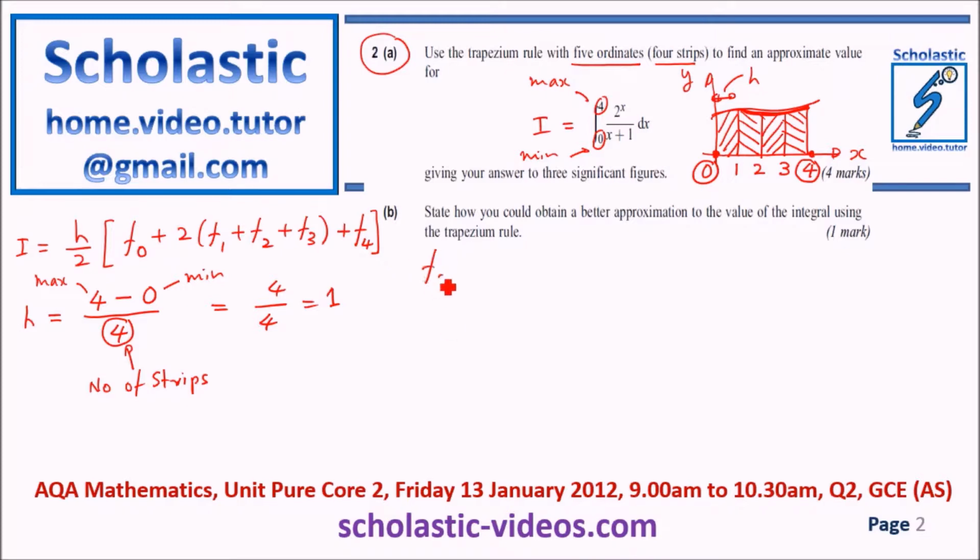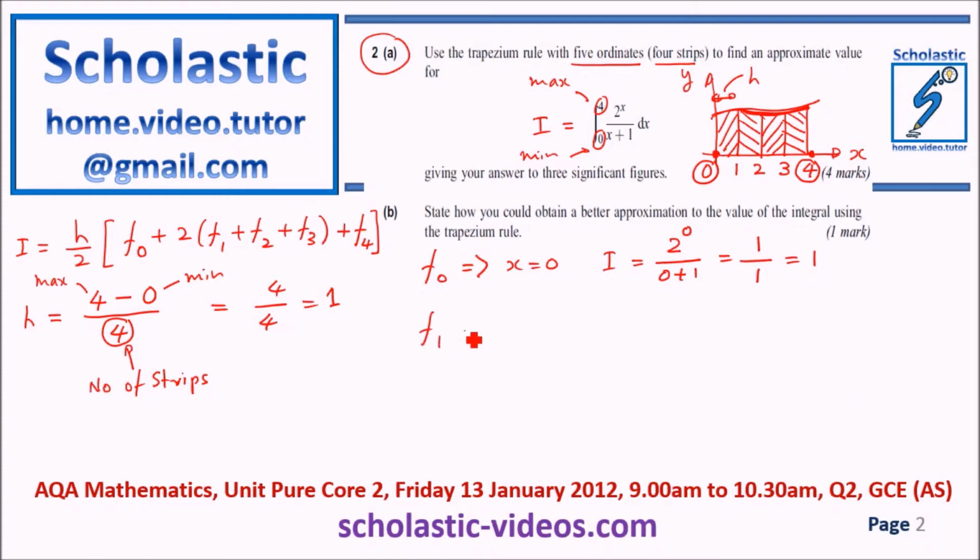Now f0 is when you put x equal to 0 in this function. That means x equal to 0. So this gives me 2 to the power 0 divided by 0 plus 1. 2 to the power 0 is 1, 0 plus 1 is 1, so it is 1.